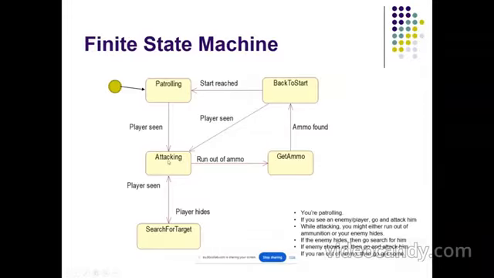As you can see, these transitions are basically events, conditions that happen while the agent is acting or while the game is happening. The states here typically contain, for example, an animation that's happening, some action that's happening, and maybe some basic variables that are changing according to the current state of the agent.